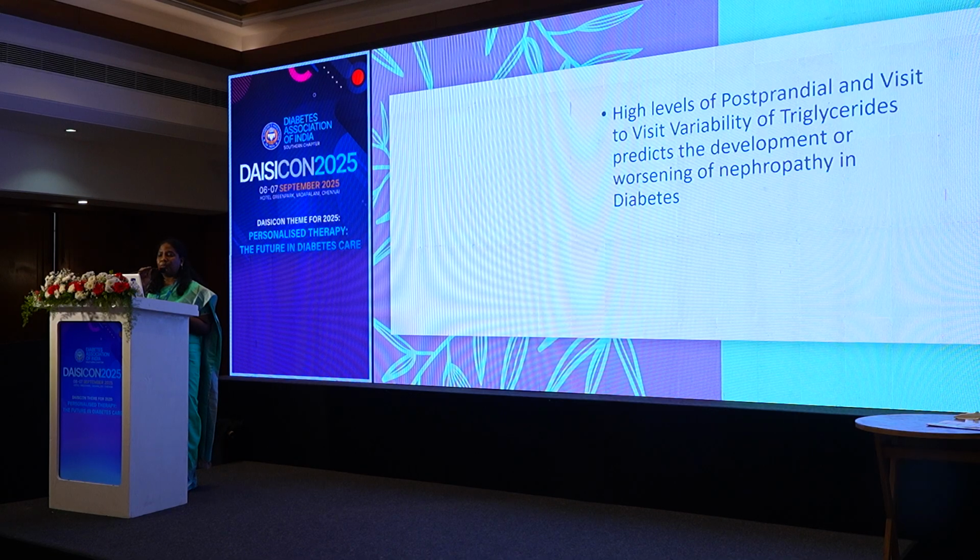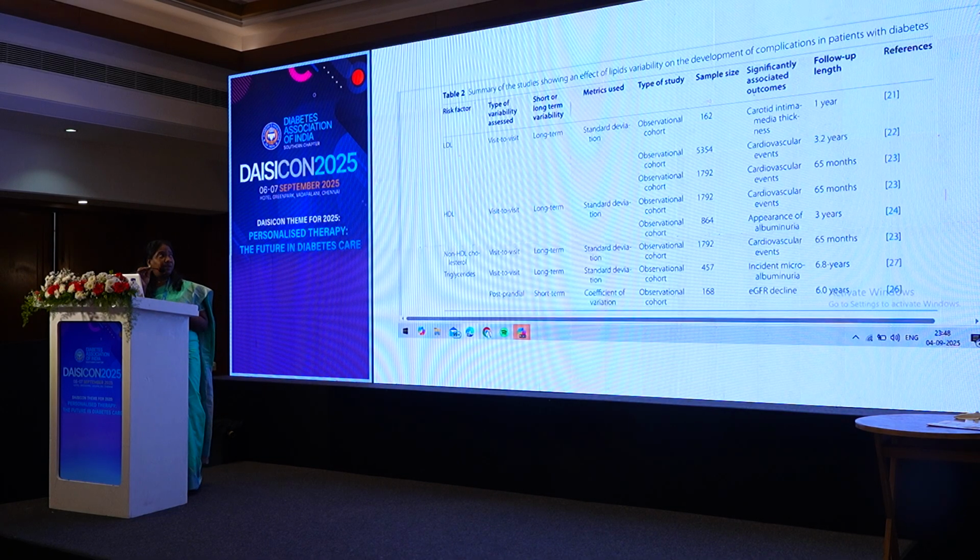So high levels of postprandial triglyceridemia and visit-to-visit variability of triglycerides predicts the worsening of nephropathy in diabetes. So this is a table which summarizes all these studies about the variability of LDL, HDL, non-HDL and triglycerides. So most of the associated outcomes were cardiovascular events, albuminuria and eGFR decline.